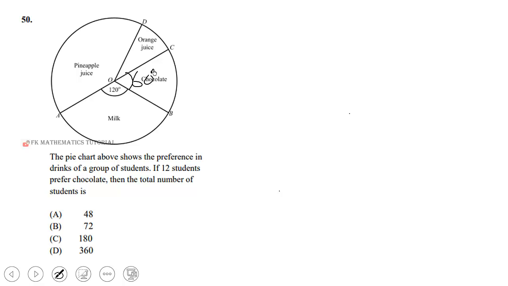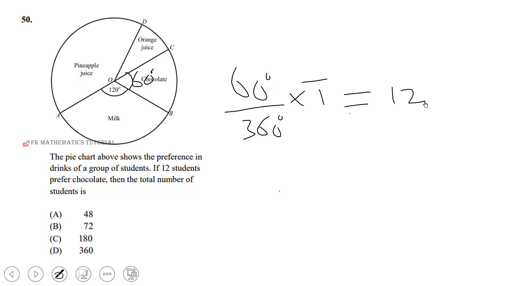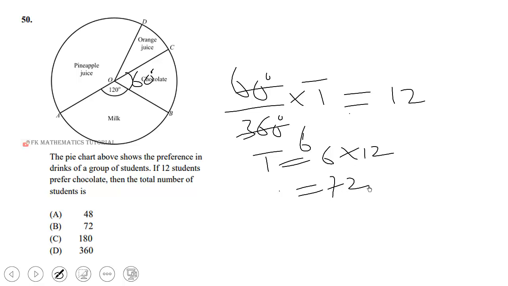So that is 60 degrees. 60 degrees over 360 degrees times the total number of students is giving us 12. 60 will go into 360 6 times. So T will be equal to 6 times 12, which is 72. So the correct answer is 72 students.